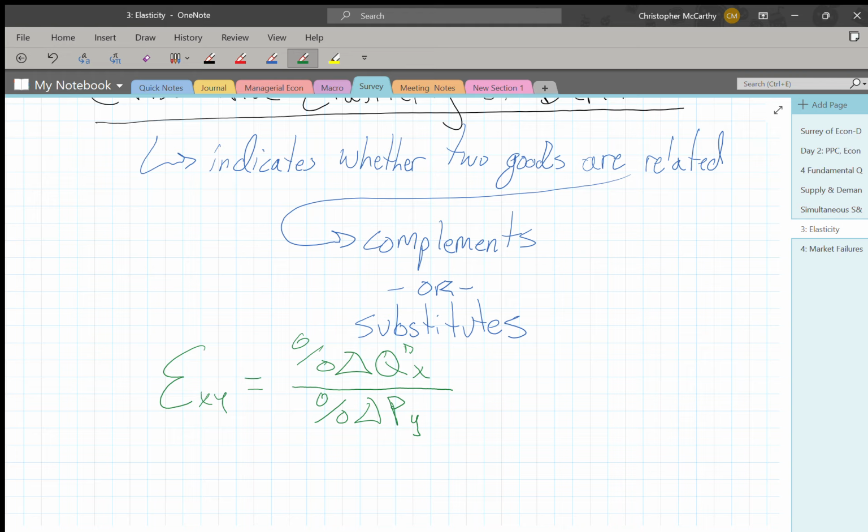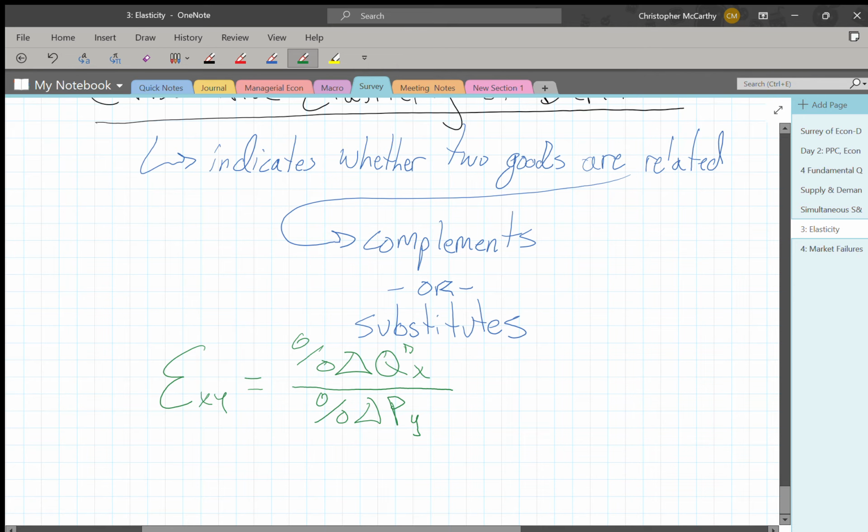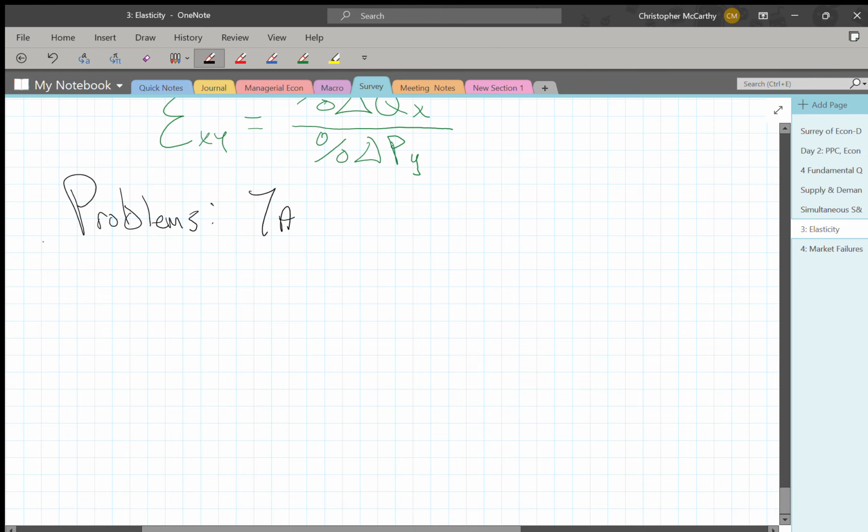All right, so we are told, so we're going to do 7A, again in the problems. And we're told some information.